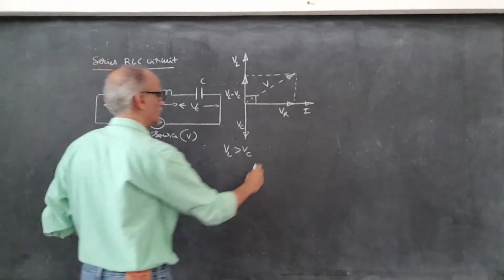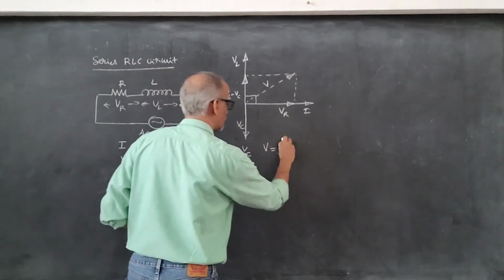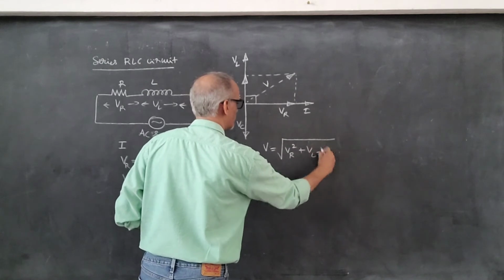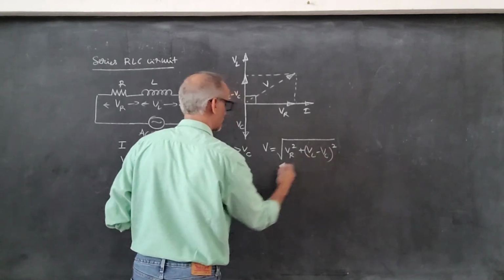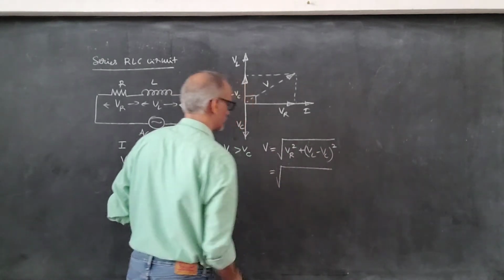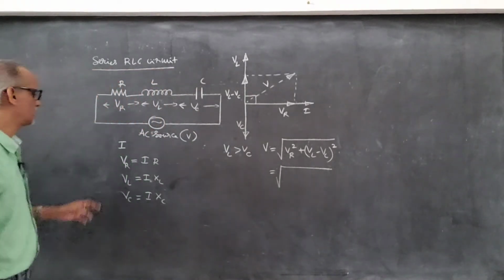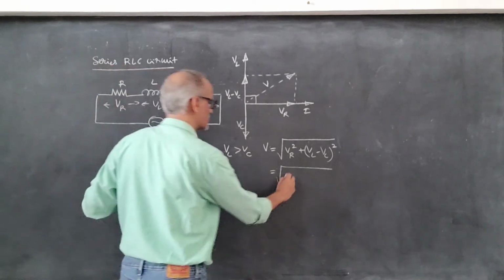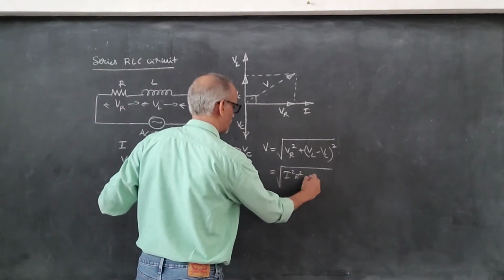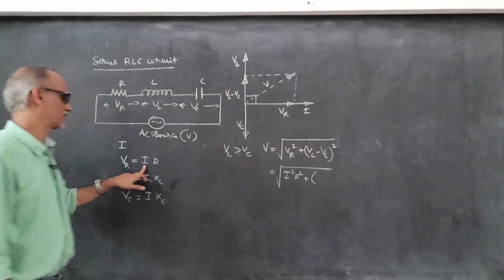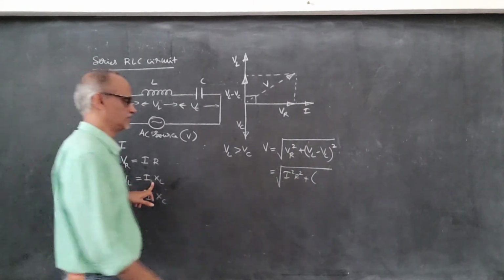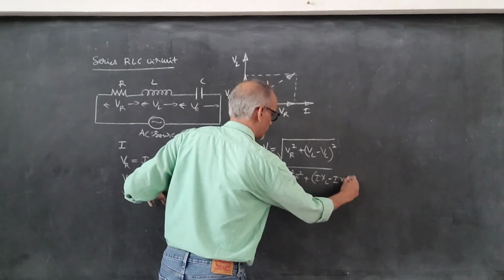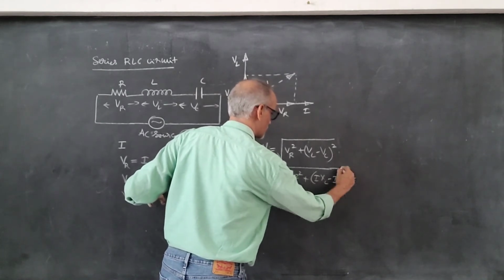So V is equal to root of VR square plus VL minus VC the whole square. Now substitute: VR is nothing but IR, so squaring gives I square R square, plus VL is I into XL, minus I into XC, the whole square.